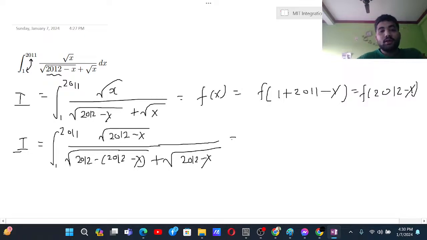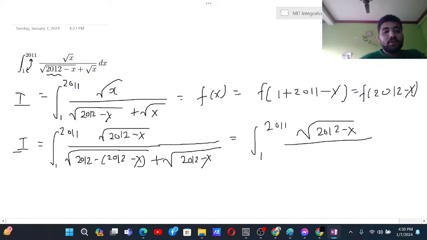Now this will be equal to the integral from 1 to 2011 of root under 2012 minus x by root x plus root under 2012 minus x.